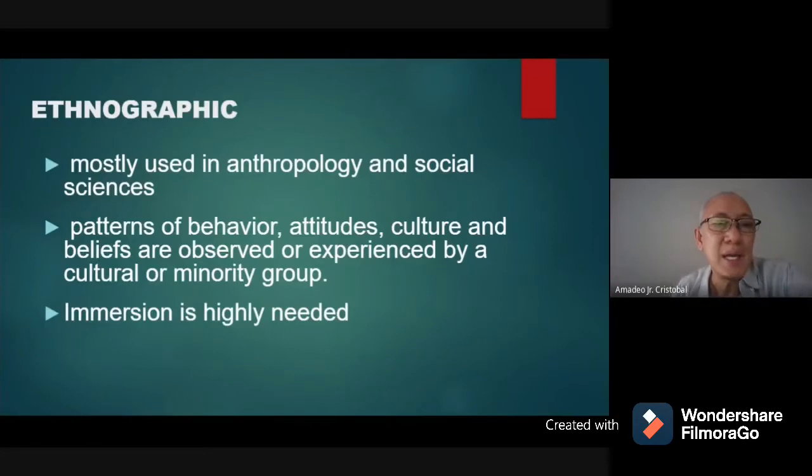Now, a very needed requirement for an ethnographic researcher is immersion. It is highly recommended for a researcher in ethnography to have an immersion. What is immersion? It is the process of living with your participants or the subject of your study, so that in 24 hours you will know what they are doing.